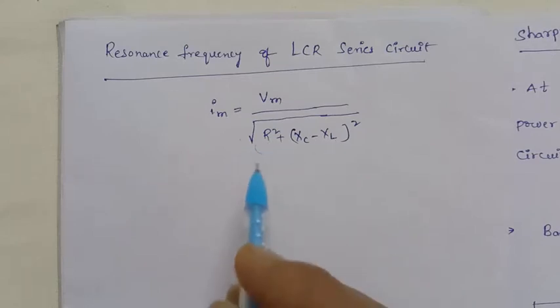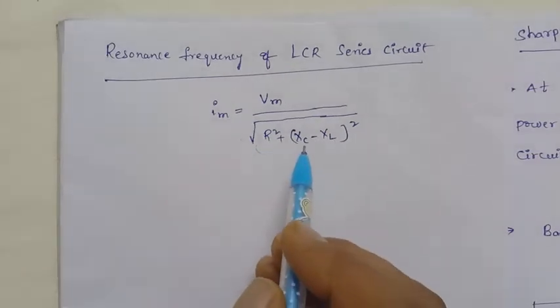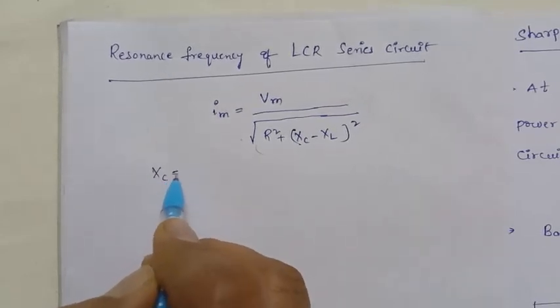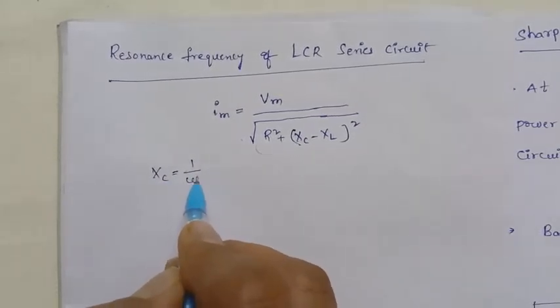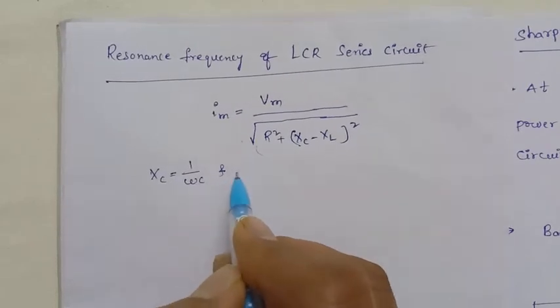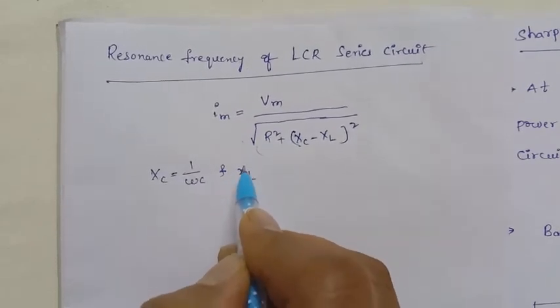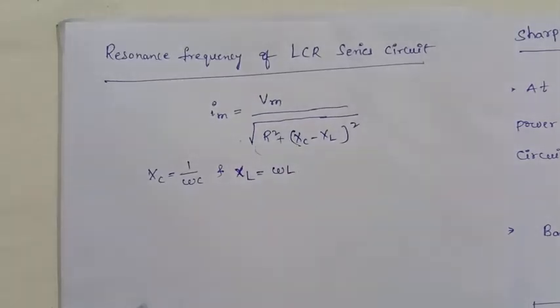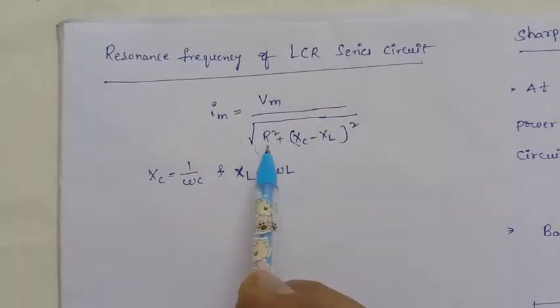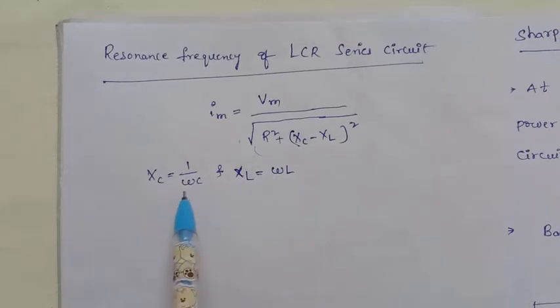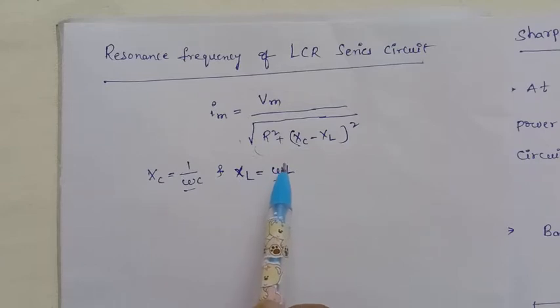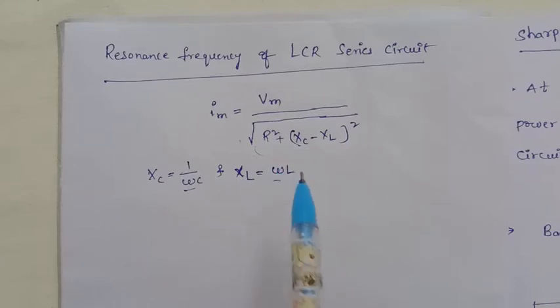This impedance depends upon the variables Xc and XL, where Xc is equal to 1 by omega C and XL is equal to omega L. That means this impedance depends upon omega, the angular frequency.